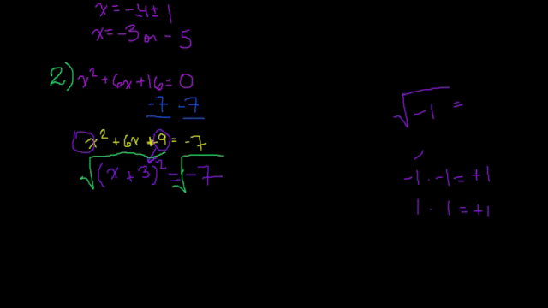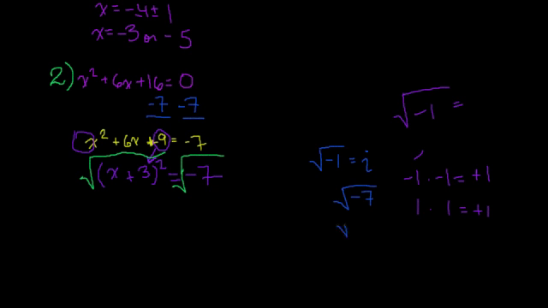So right now I'm going to introduce something known as i. The square root of negative 1 is equal to i, also known as the imaginary unit. So, for instance, right now we have rad negative 7. What are we going to do about that?